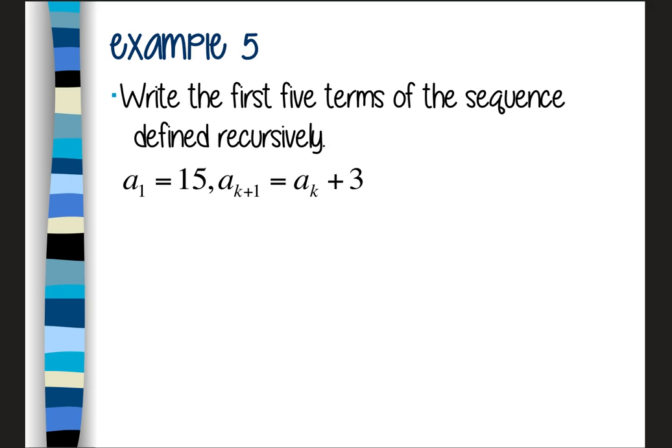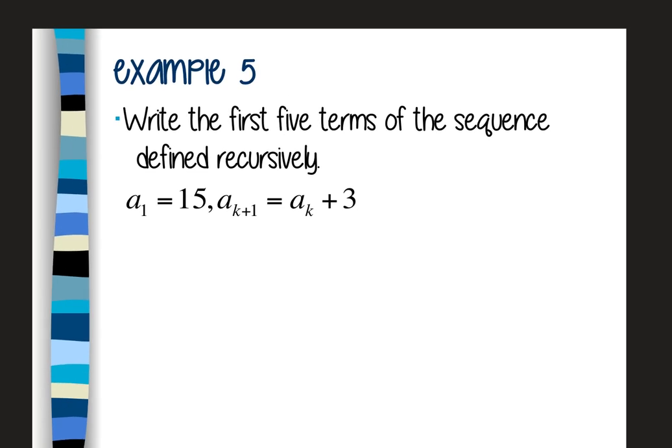So example 5 says, write the first 5 terms of the sequence defined recursively. The first one is 15. The second one would be 15, the number before it, plus 3. What's 15 plus 3? 18. The next one says go to the number before it, 18, and add 3. You get what? 21.